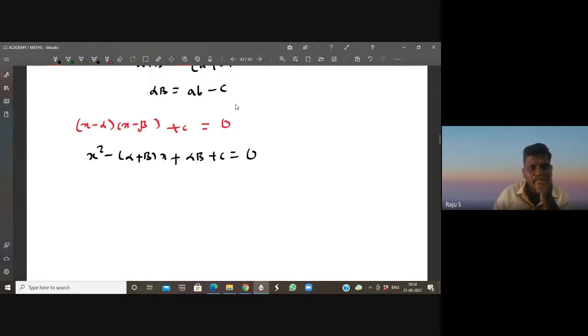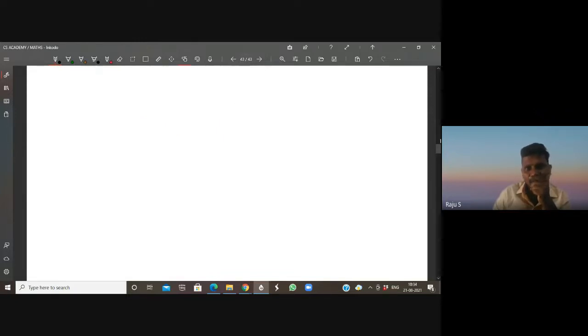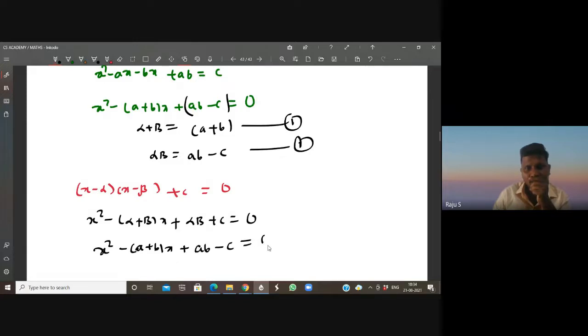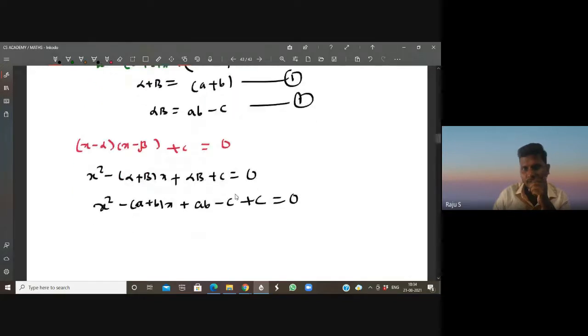Again, alpha plus beta from the above condition, with the help of equation 1: x square minus (a plus b) into x plus (ab minus c) plus c is equal to 0. Now when I cancel these two, we get this equation.